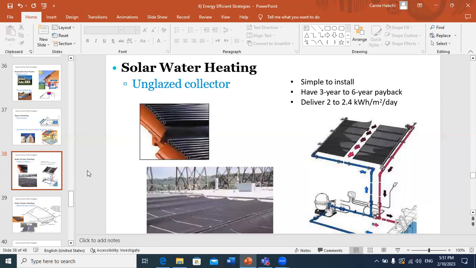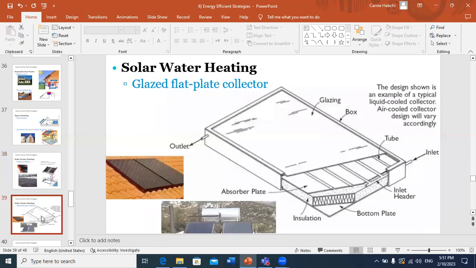Now, in case you need to reach larger temperatures, you can go to more sophisticated systems. For example, the glazed flat plate collector will consist of a glazing that you put over the flat plate. This will increase the stored energy, because you know that glazing has good transmission properties, so it will transmit a high amount of energy to your collector, and then you can circulate a fluid within your collector, so it will act like a heat exchanger.